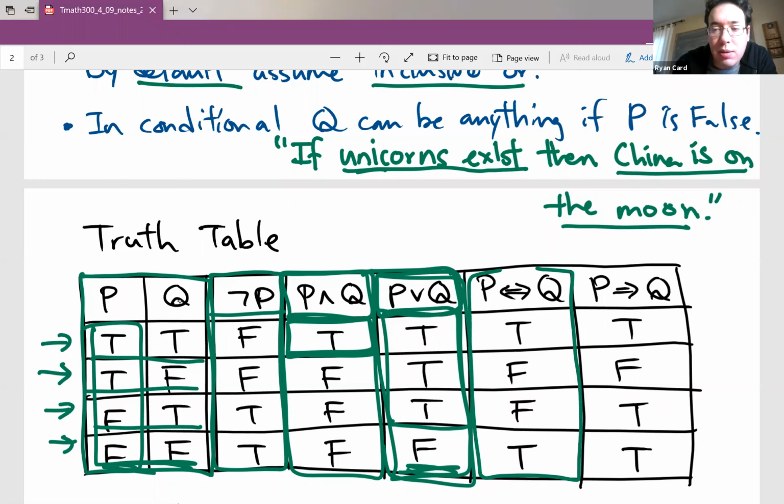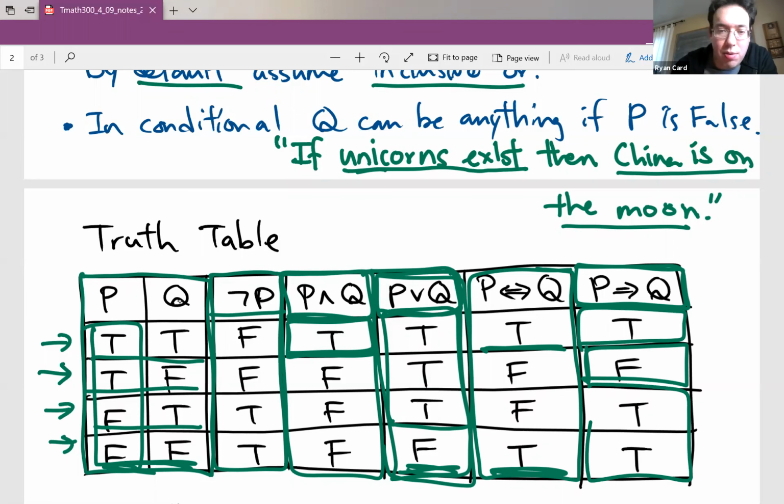The biconditional is true when the truth values of the two things agree. If it's one or the other, you get a false statement. And here's the implication. The only way it could go wrong is if the true is pointing towards a false statement. Every other combination is considered true here.